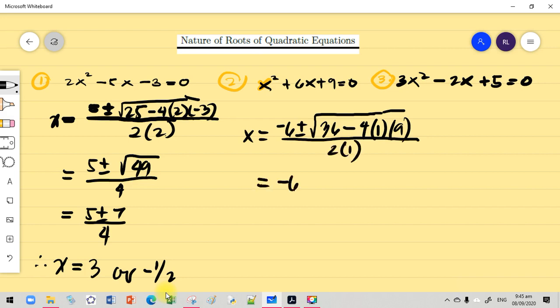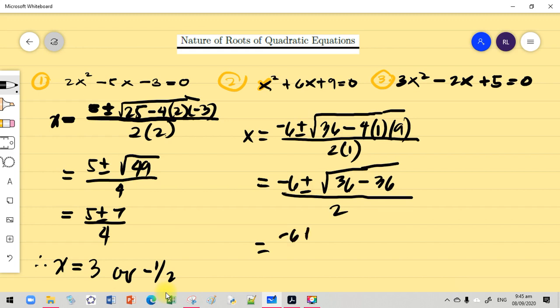We have negative 6 plus minus the square root of 36 minus 36, all over 2. So here we have negative 6 plus minus 0 divided by 2.